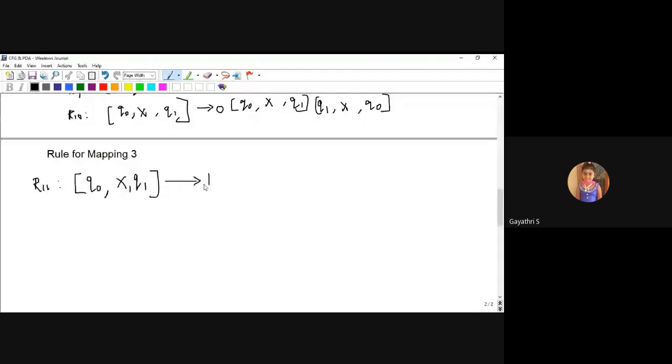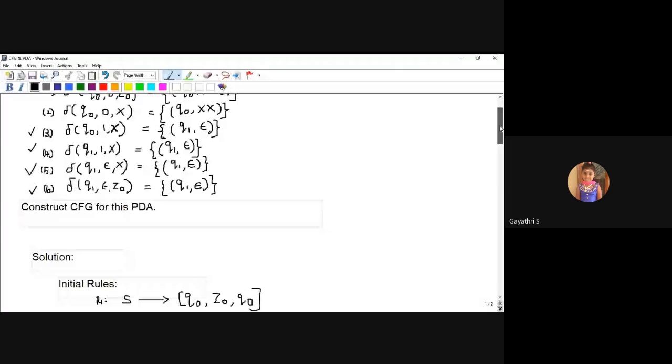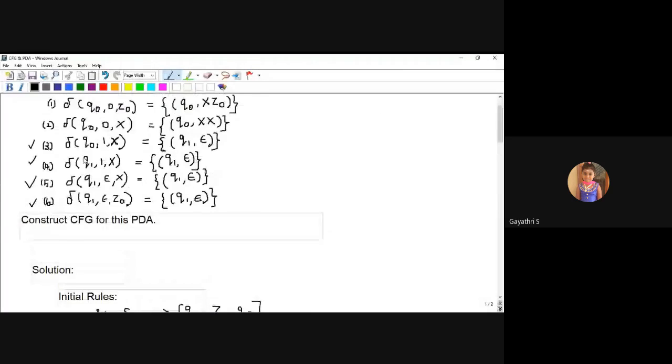Okay. Next, rule for mapping number 4. See, first element, which is Q1. Here also the first element, which is Q1.